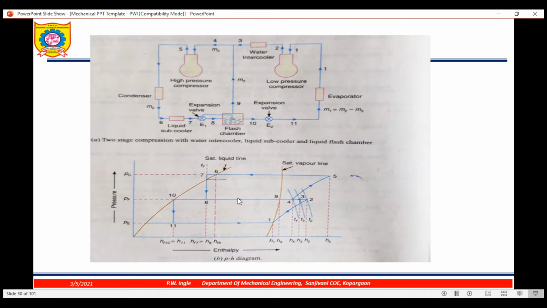These vapors will be going to the high pressure compressor. So 8 to 9 you are getting state 9, and you are getting state 3. This will be mixed and you are getting state 4. And then 10 to 11 is what? It is an isenthalpic process, and 11 to 1 is the evaporation process.